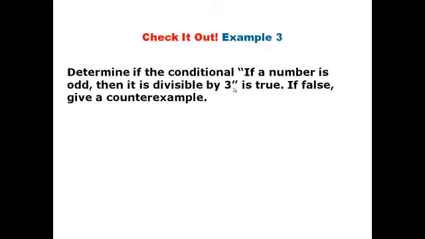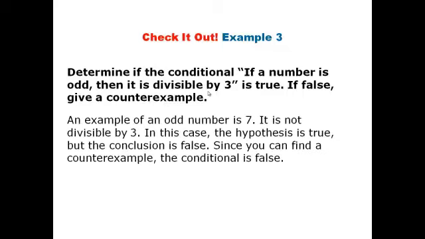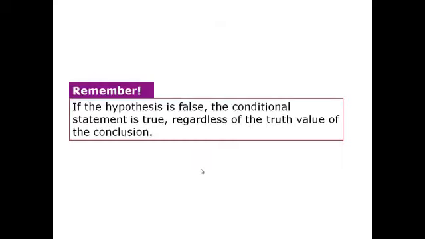No, it's not. 5 would be a counterexample for this conditional statement. This is a false conditional statement. They use 7, I use 5, but an example of an odd number is 7, and it's not divisible by 3. So the hypothesis is true, the conclusion is false. The counterexample proves that it's false; the conditional is a false statement.